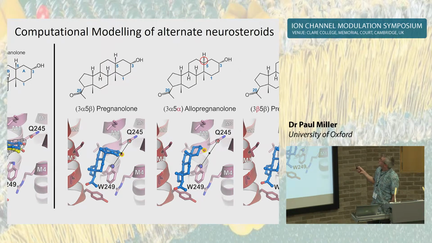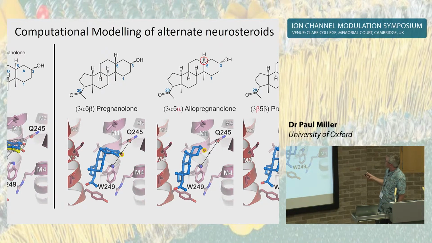And then if we contrast this to what's known as the 3-beta pregnenolone or epipregnenolone, this has the hydroxyl instead in the up orientation. And it's been shown a lot of times that if you change this C3 hydroxyl from a kind of a down to an up, then you significantly weaken and attenuate the potentiation process.